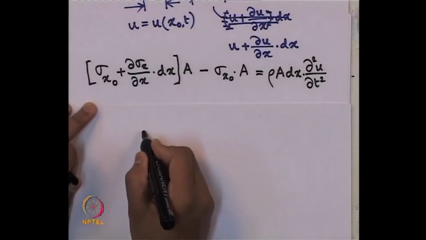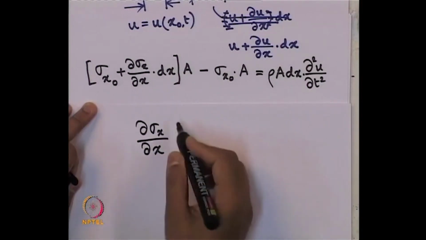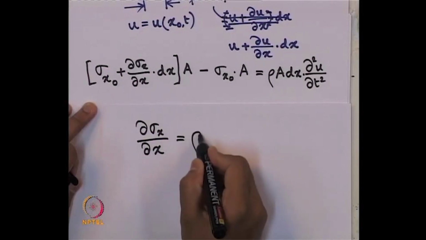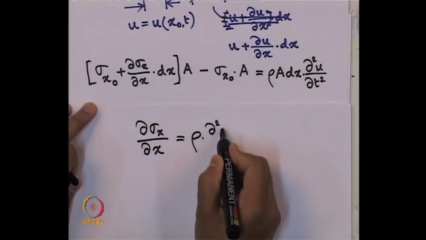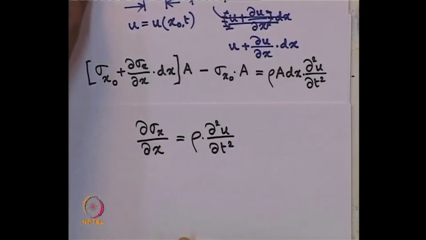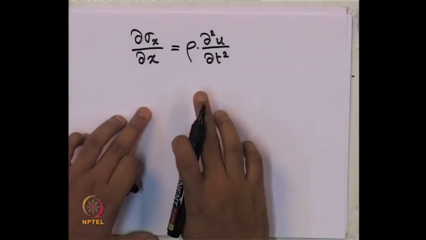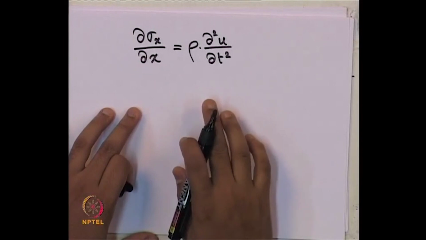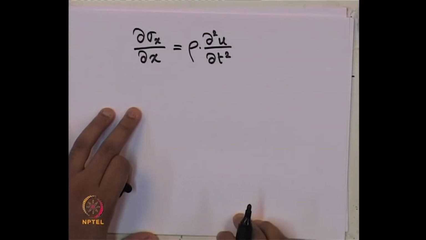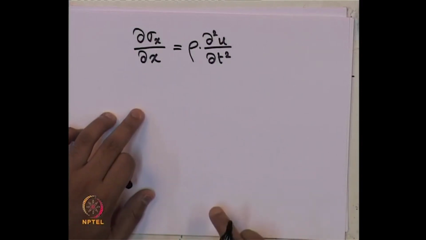We can write it as del sigma x by del x equals to rho times del 2 u by del t square. So, this is called the basic equation of motion in one dimension for a wave propagation. So, this is the basic equation of motion for a longitudinal wave traveling in one dimension.